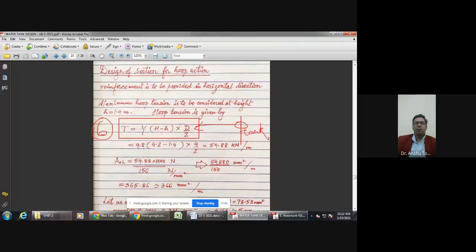So we get this value in per meter run. Again, we have got a value which is in per meter run. This is the tensile force corresponding to hoop stress in per meter run.